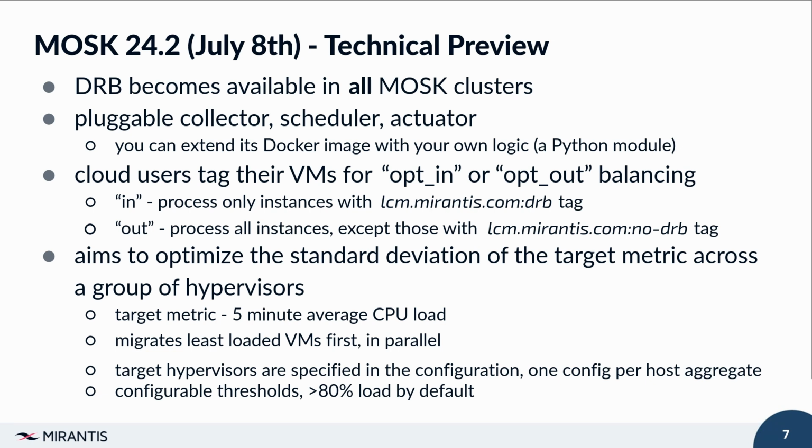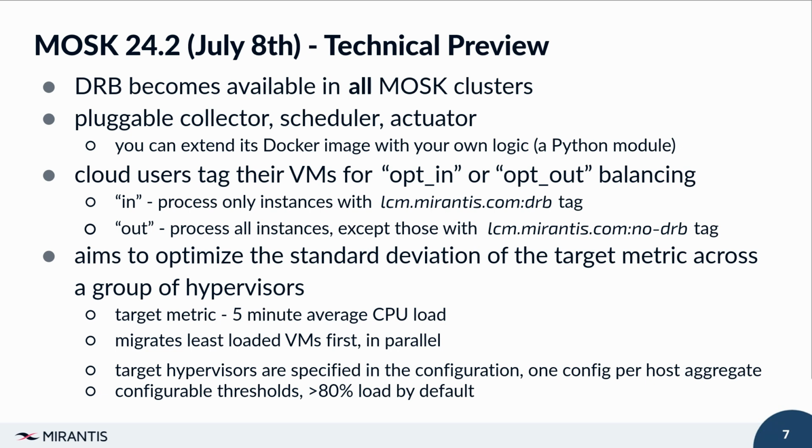It could be a cloud administrator or a cloud user who assigns this tag to their virtual machines. Opt-out means that the DRB would handle all the instances it is able to find, without exception, except those that have the no-DRB tag assigned. And opt-out is actually the default mode for DRB.